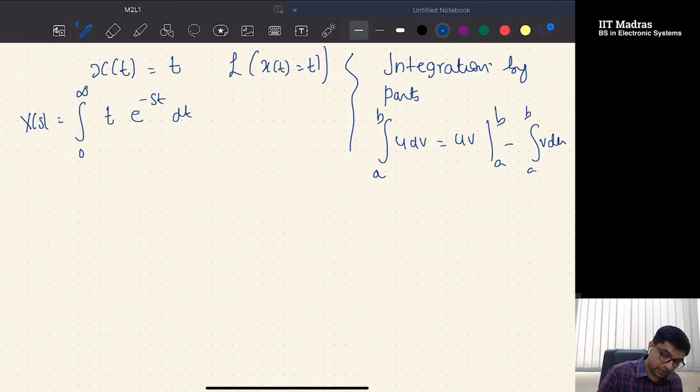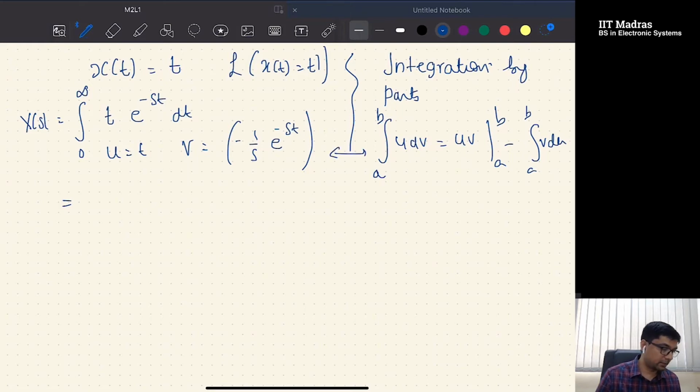So I'll call my u as t. V here becomes minus 1 over s e power minus st. So I'm looking now at integrating these two by using the integration by parts formula. My first term becomes minus t over s e power minus st from 0 to infinity.